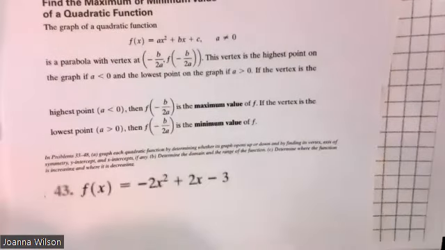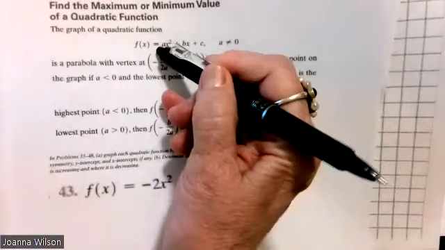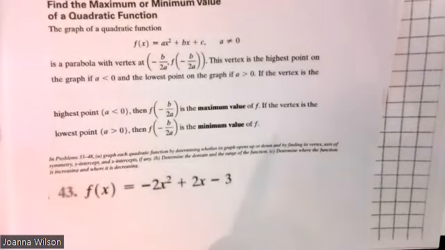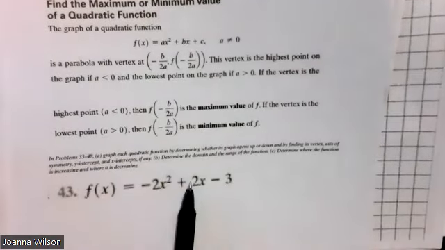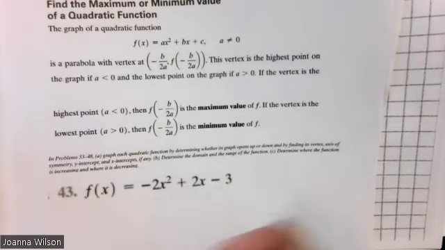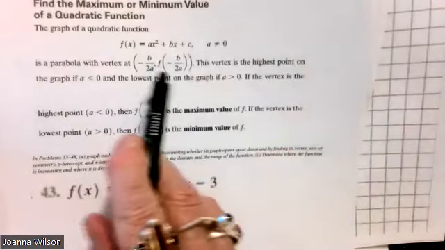And then maximum and minimum values of a quadratic function. We talked about that a little bit. Whether it has a maximum or minimum is determined by this value of a, which tells us whether it's going to open up or open down. And we know that the vertex follows this formula.